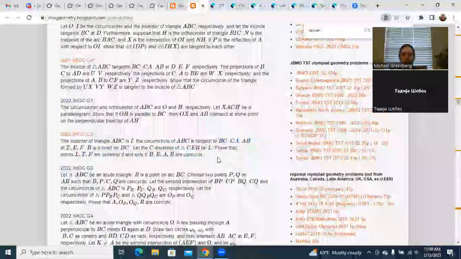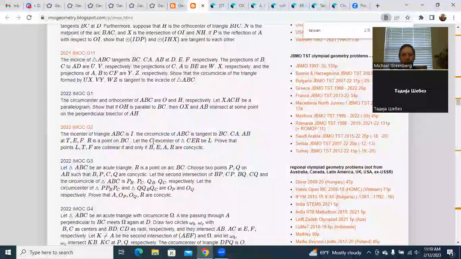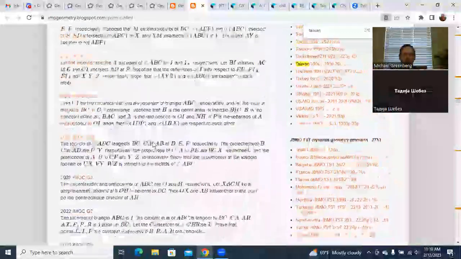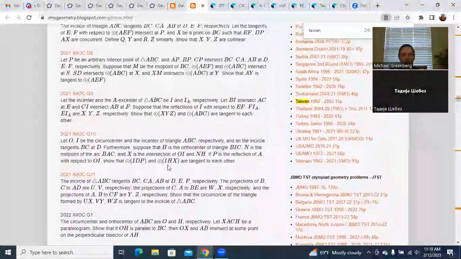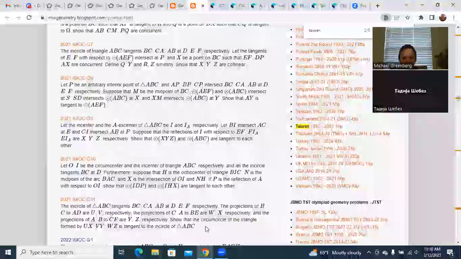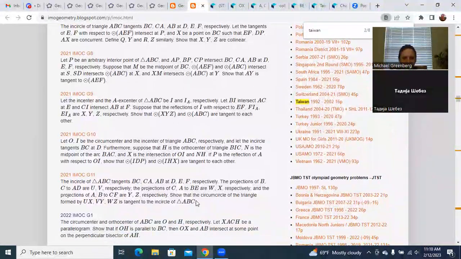Here's an if and only if problem. It's a G2, so it might be too easy. We can do G11. Let's see.